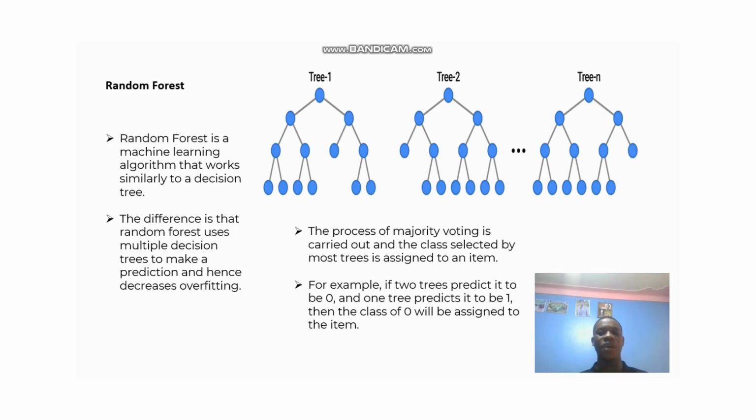For example, if you have three trees predicting whether it's a 0 or a 1, and two decision trees say it's a 0, and one decision tree says it's a 1, the random forest algorithm will take the one that has the majority vote. So it will take the 0, because more decision trees have coincided and given you the same result.